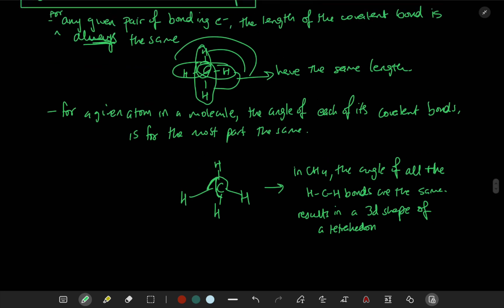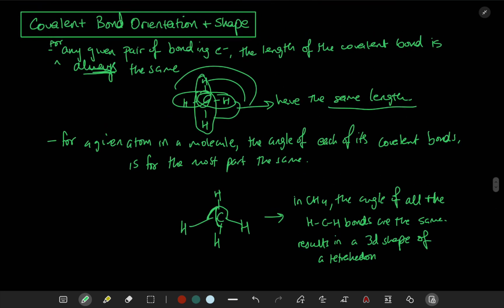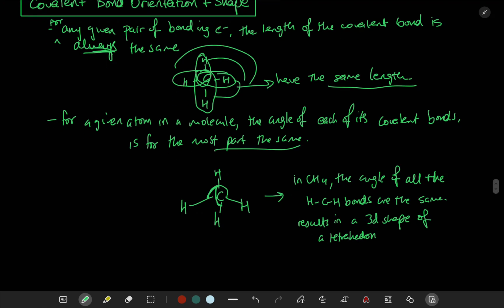Because they don't change in space, the structure of a molecule that has covalent bonds is fairly stable, right?